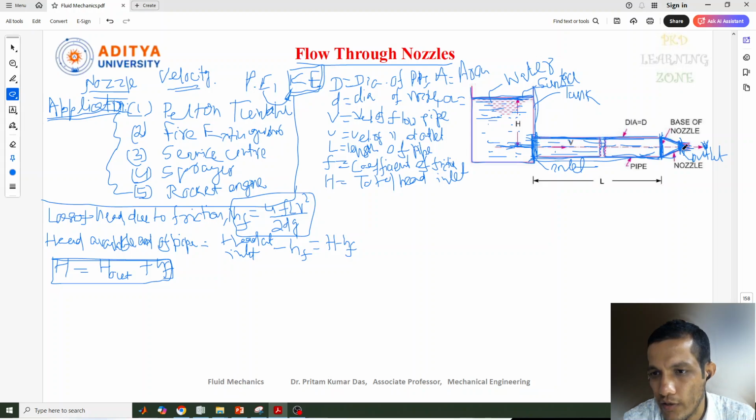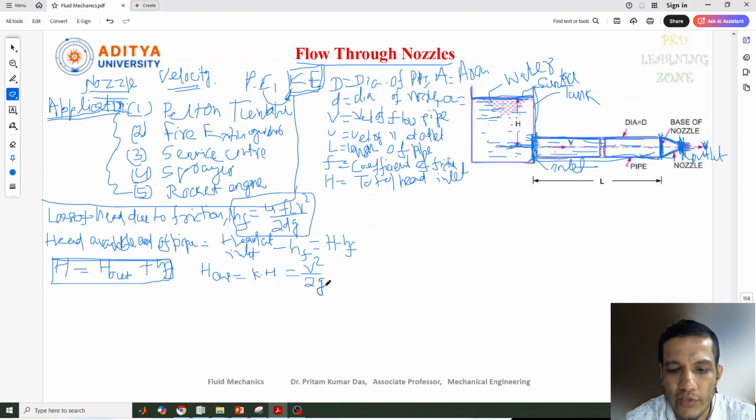Now considering this nozzle part, ignoring the minor losses in the nozzle, the head available at the outlet condition is nothing but the kinetic head, V square by 2g.